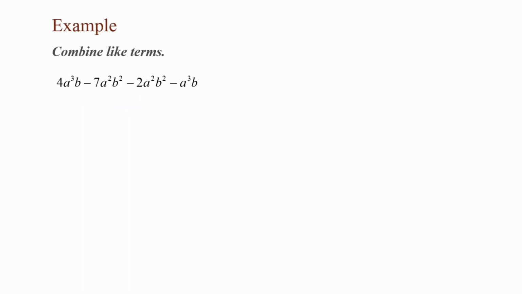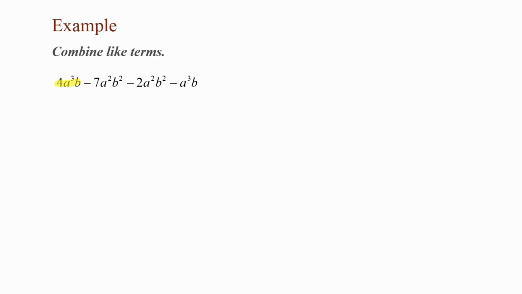In this example, combine like terms. 4a to the third b minus 7a squared b squared minus 2a squared b squared minus a to the third b. For my like terms, we have to have the same variable and exponents.